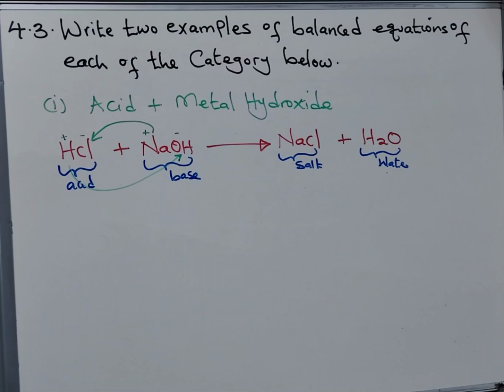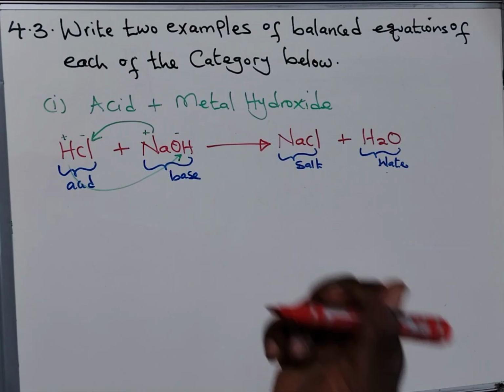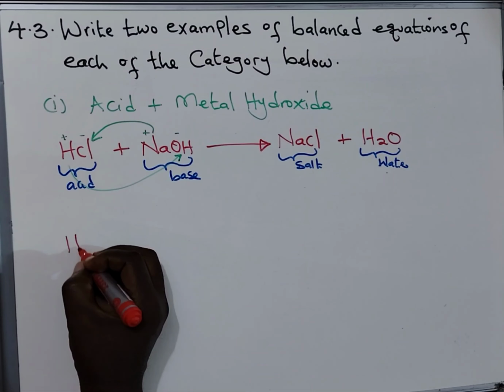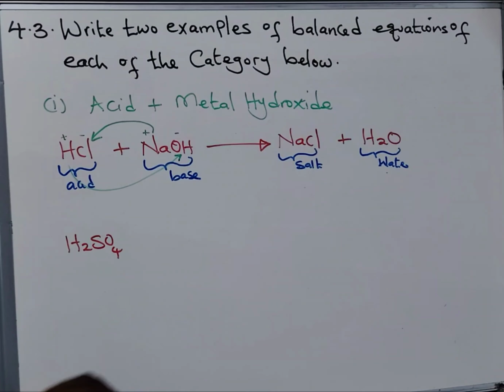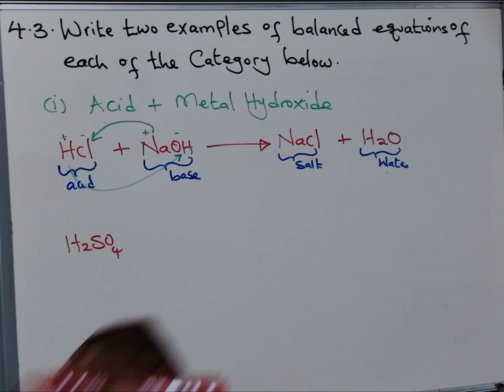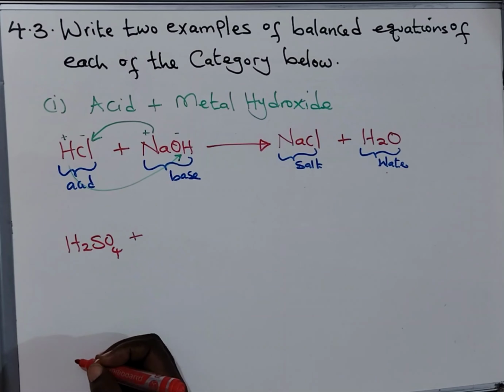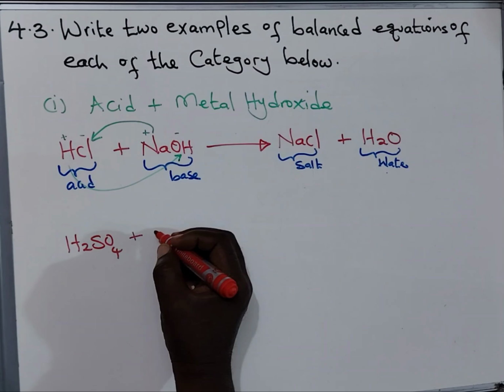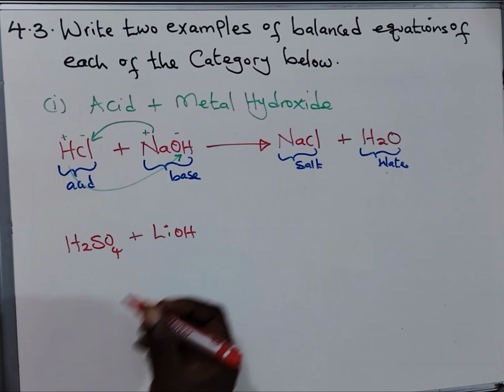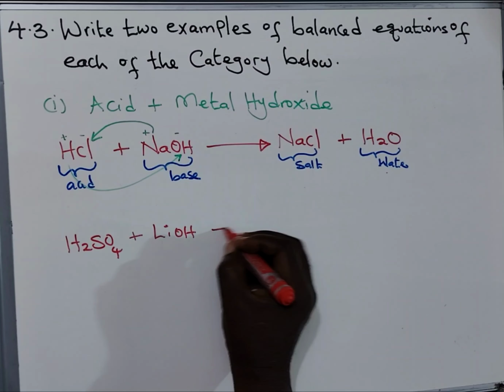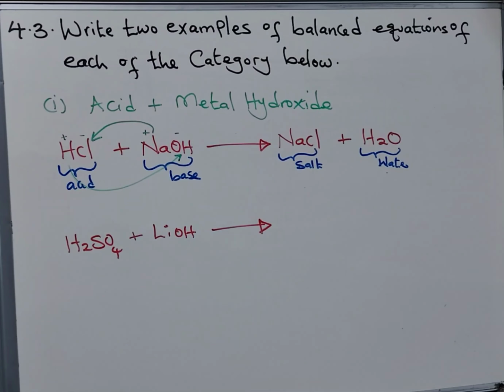Okay, they said two examples. So let us look at another example here. We can say sulfuric acid, which is H2SO4. The hydroxide we can say, lithium hydroxide. And we have our products.